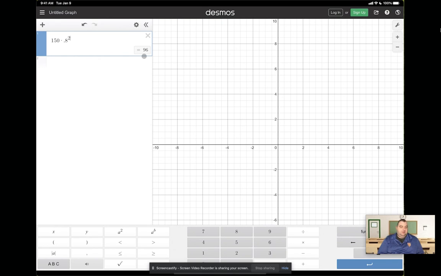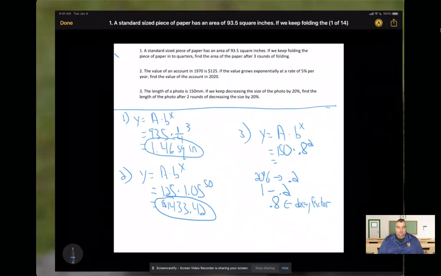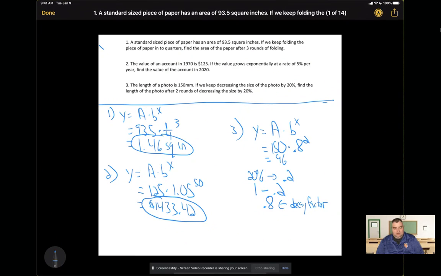And we get an answer of 96, so that would be 96 millimeters. The key in this was finding the right decay factor, which is why I wrote this down right here. That is it for lesson 1.